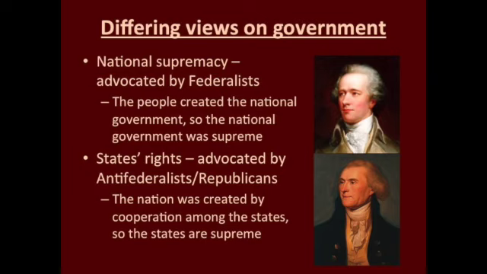The people who advocated for states' rights, among them Thomas Jefferson, believed that the nation was created by cooperation among the states, and the states together sort of cobbled this nation from 13 separate parts into one body. So as a result, the states were supreme, and these states could, if they chose to do so, operate independently of the national government and maybe in extreme cases even break away from it.